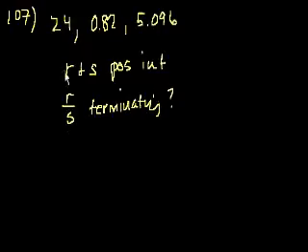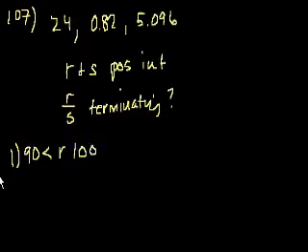This is interesting. Statement 1 tells us that 90 is less than r, which is less than 100. That statement by itself doesn't help me. Let's say r was 93.